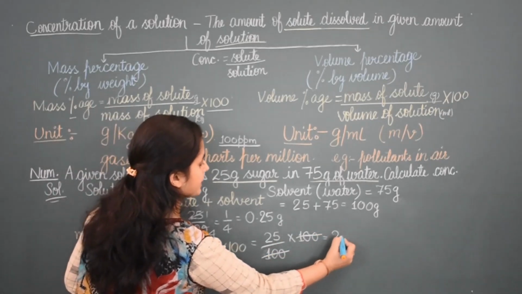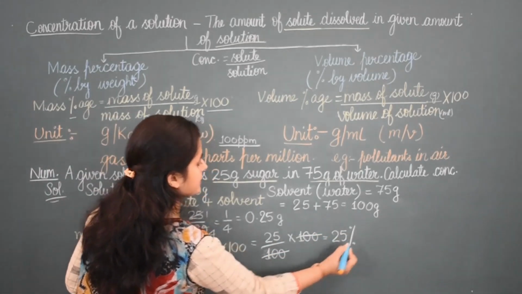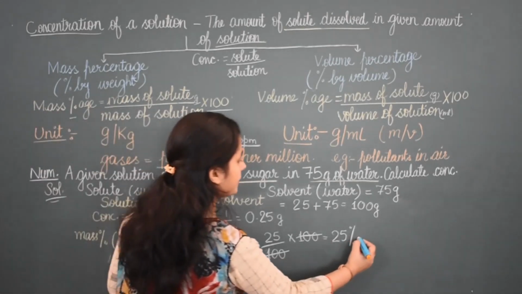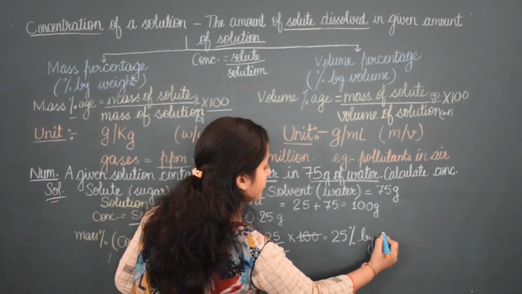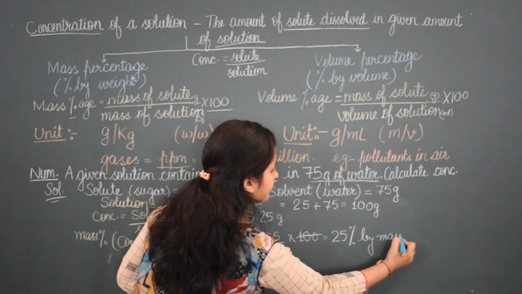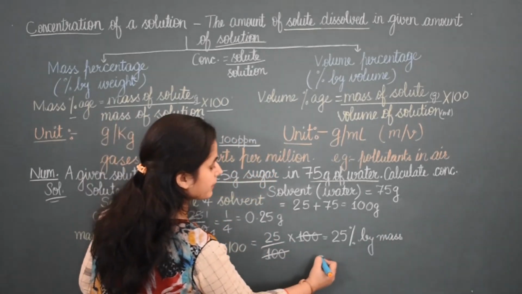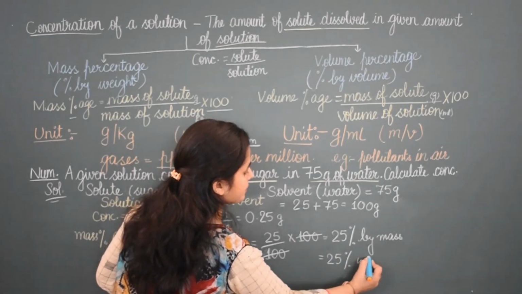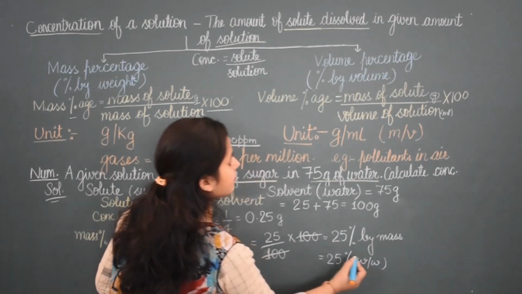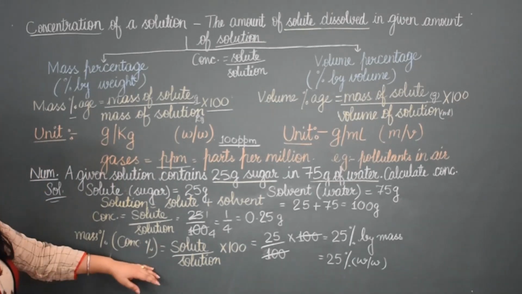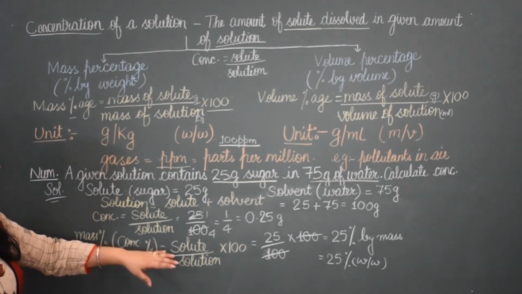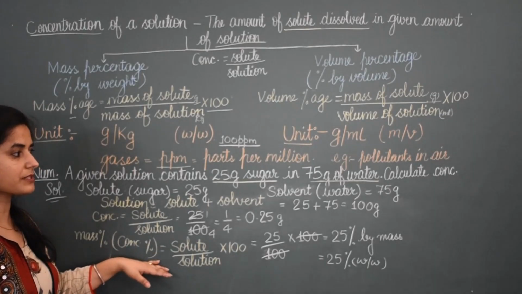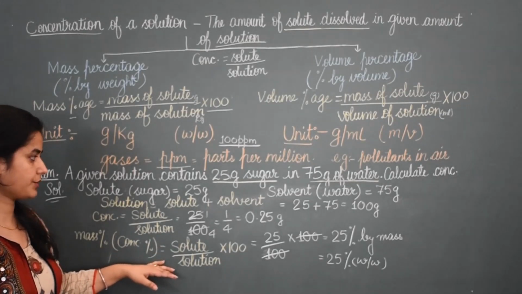It becomes 25%. And you can also write percentage by mass, or you can also write 25% weight by weight. So this way you can find the concentration, mass percentage or concentration percentage of the solution.